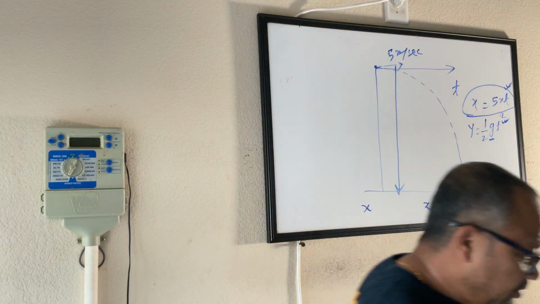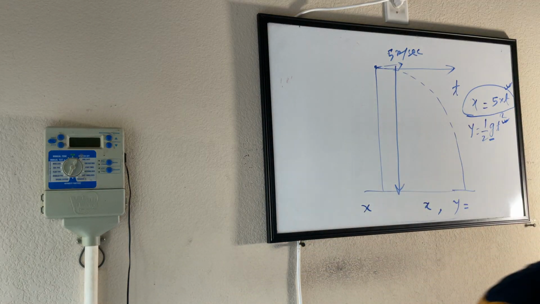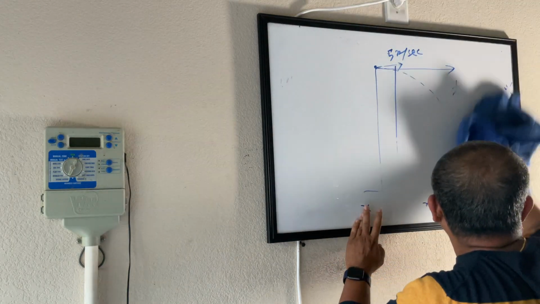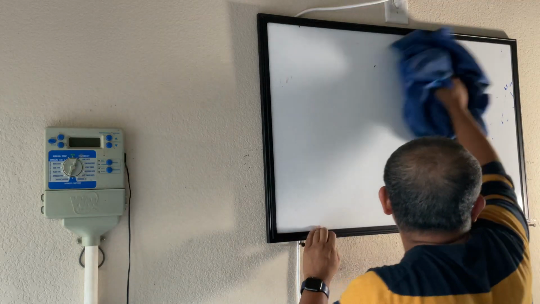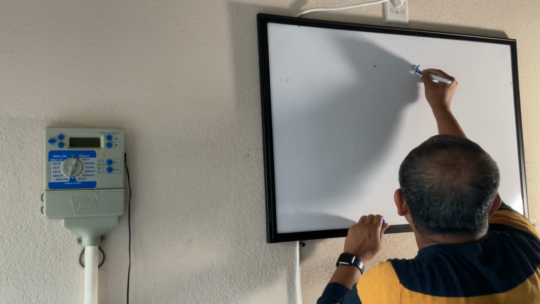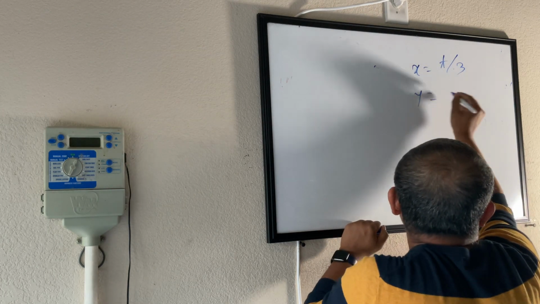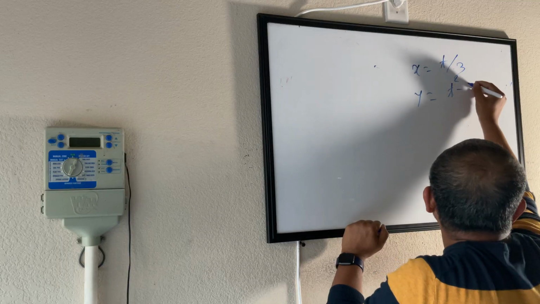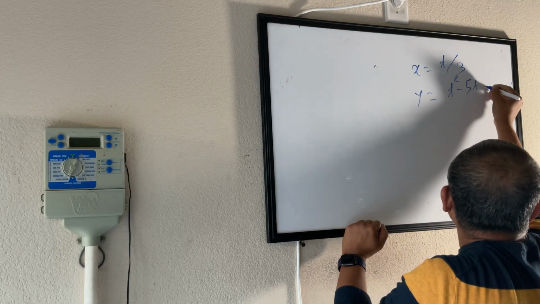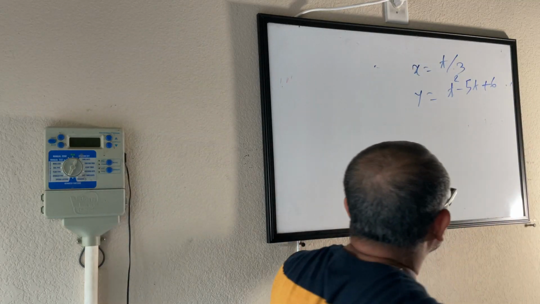Okay? So in the simplest form, let's say you are given a set of parametric equations where x equals t over 3 and y is given as t squared minus 5t plus 6.